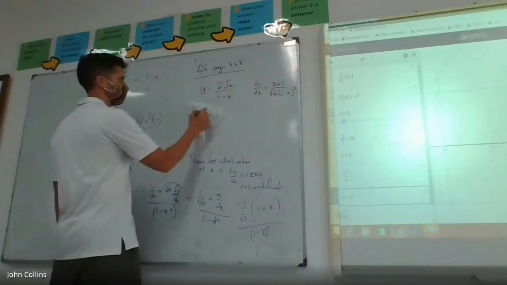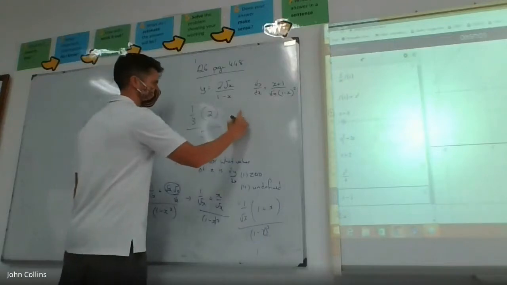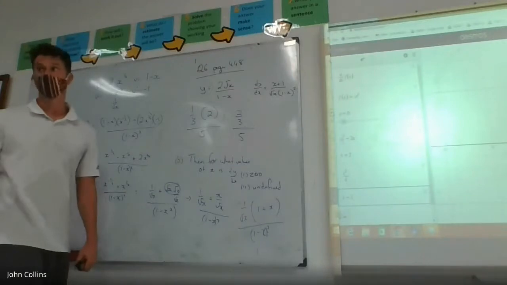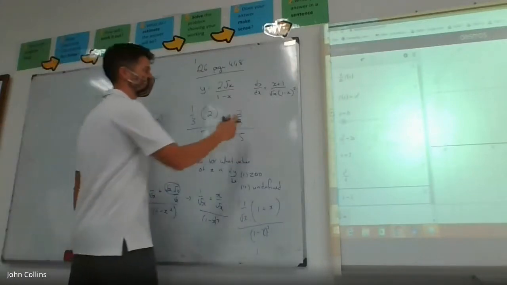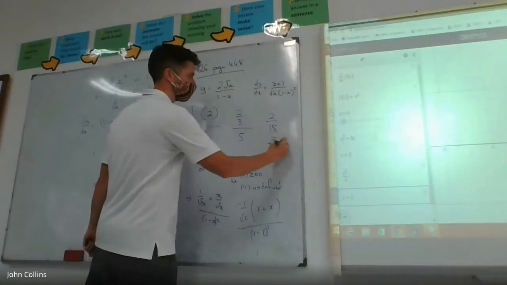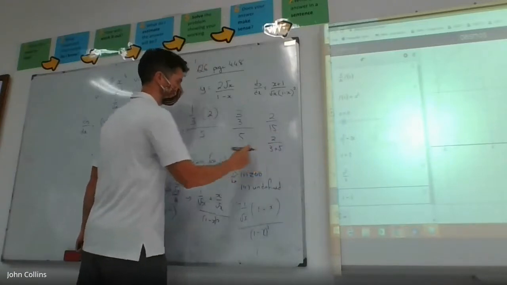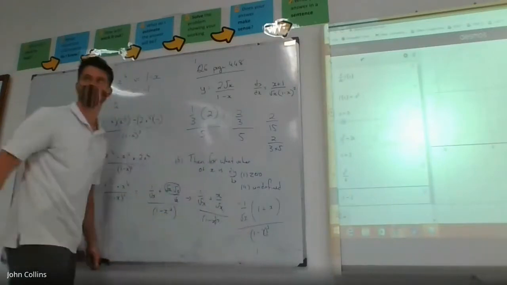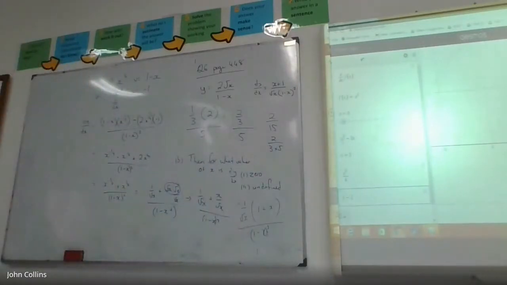But yes, 1/3 of 2 is 2/3, and then 2/3 divided by 5 is 2 over 15, which is the same as 2 over 3 times 5, which is what we have here. So we can be confident in multiplying that, just from our knowledge of fractions.